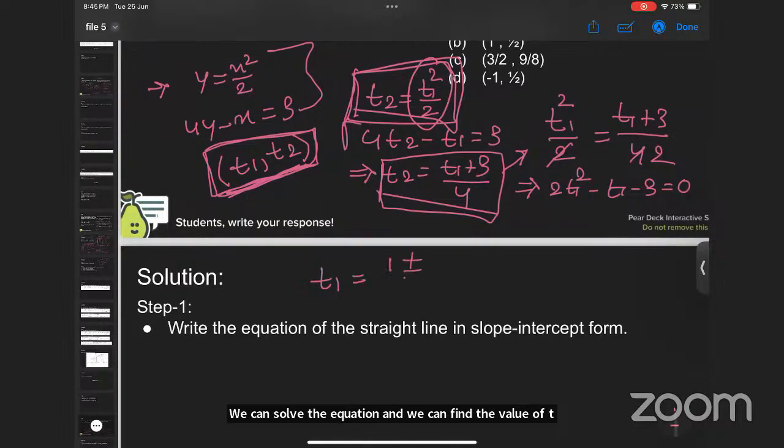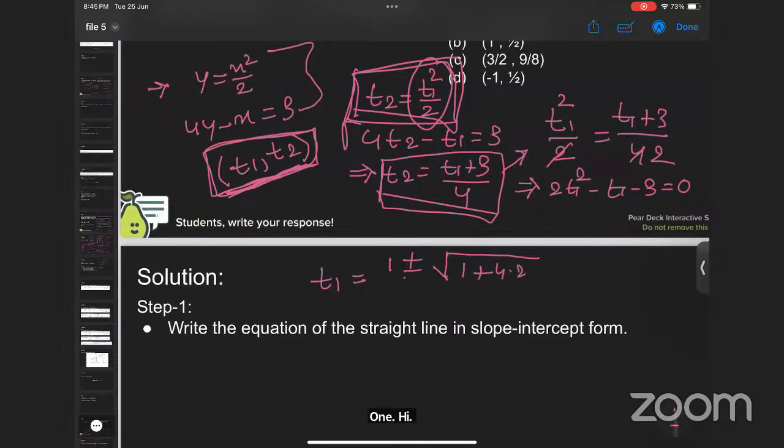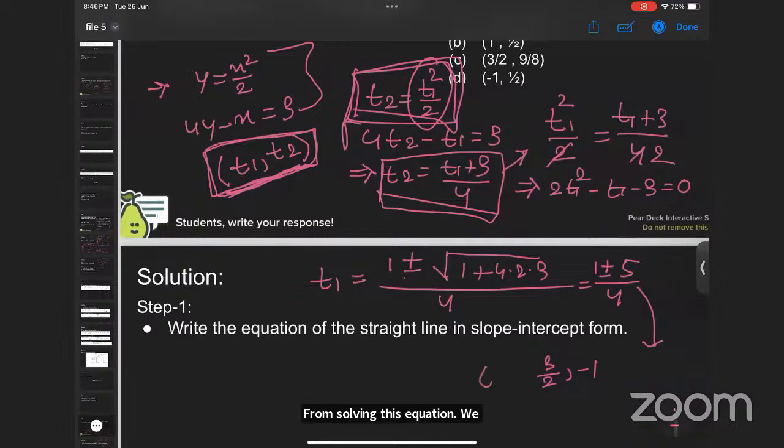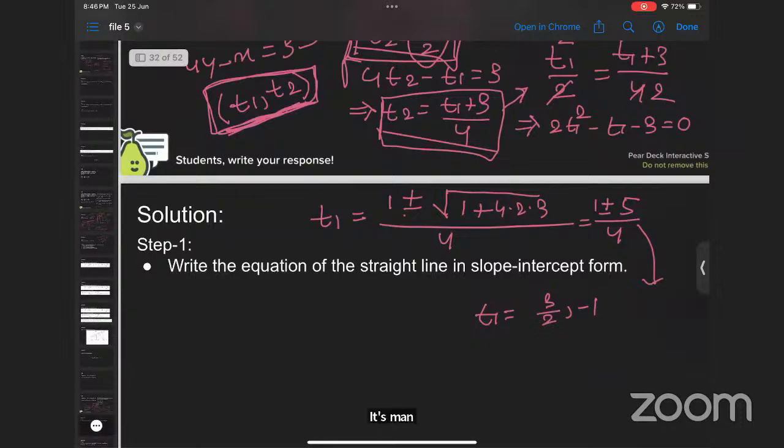It will be 1 plus minus over... From solving this equation, we got the value of T1. It will be either 3 by 2 or minus 1. Okay? So we got the value of T1 as 3 by 2 and minus 1.